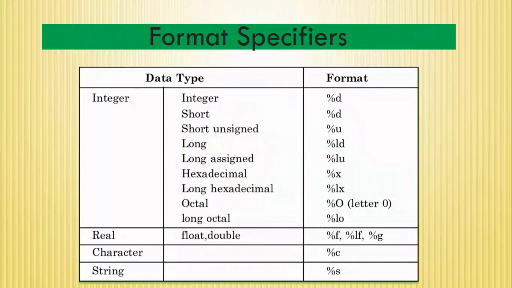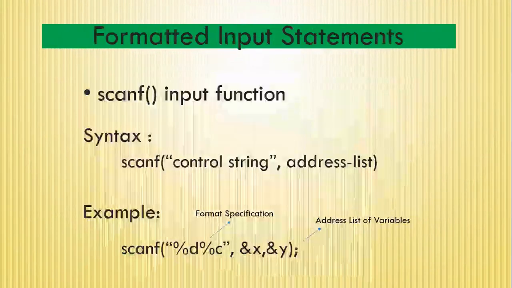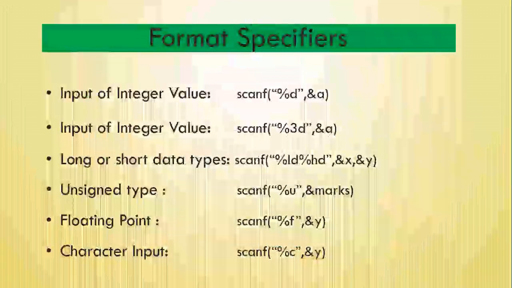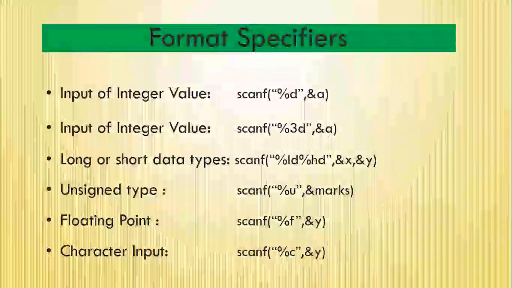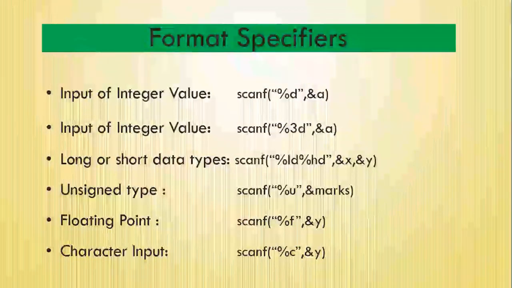Suppose you enter the value of a as 35, then the syntax for an integer value is scanf("%d", &a). That is, the value you input from the keyboard will be stored at the address of a.